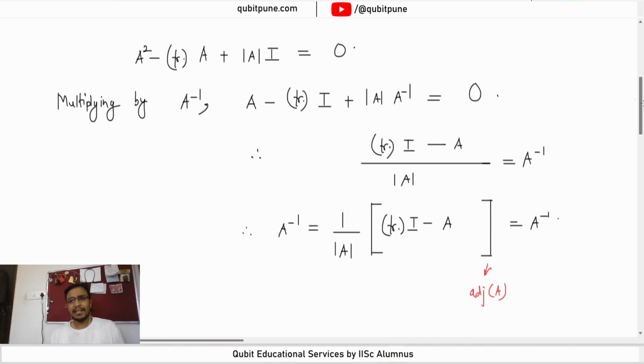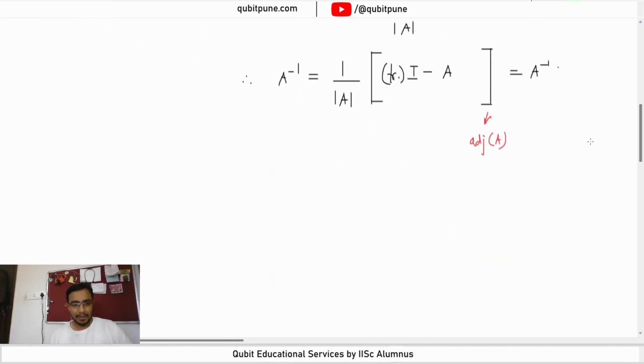Let's verify this for a matrix. Suppose I take A as 5, 2, 8, 1. I'm keeping things simple deliberately.